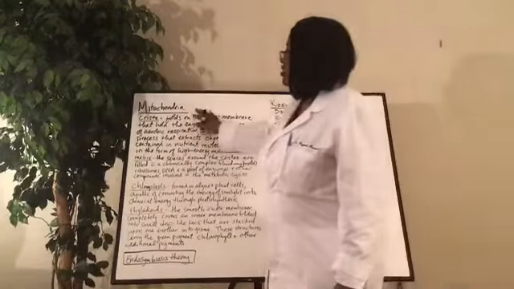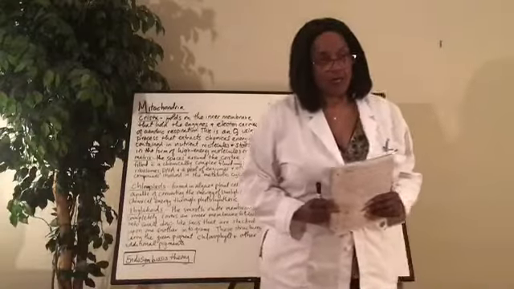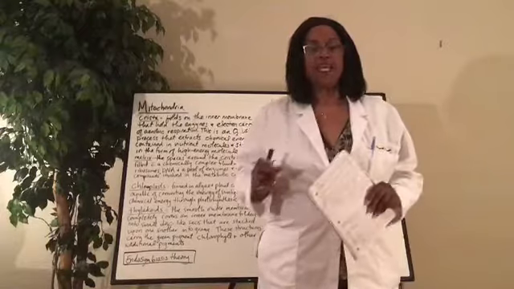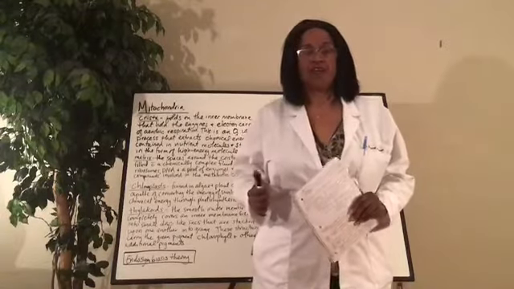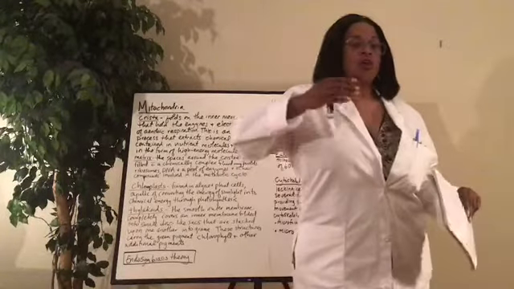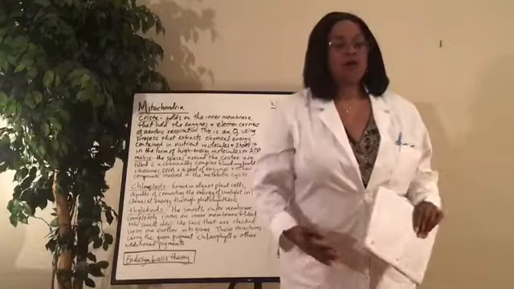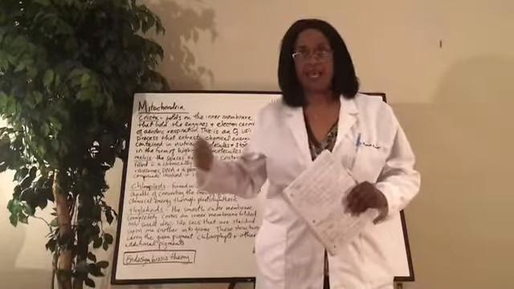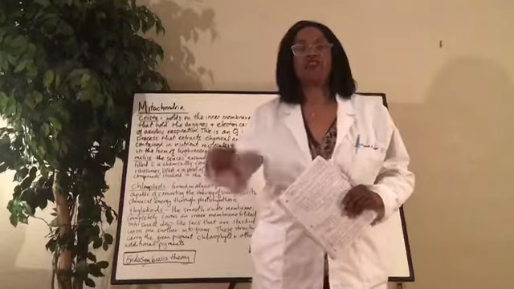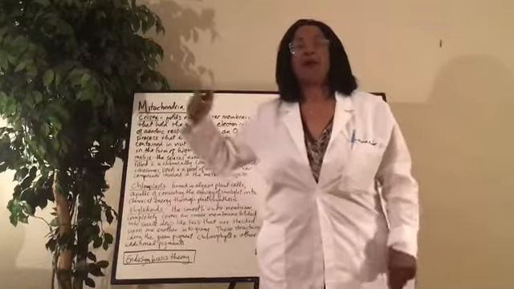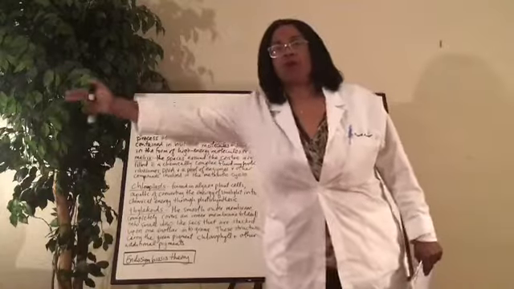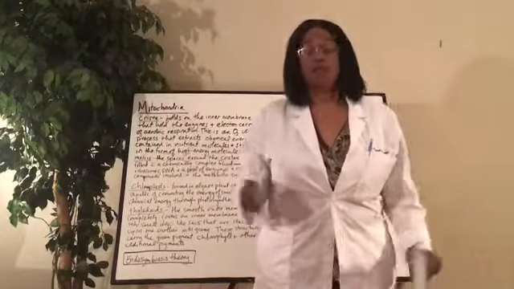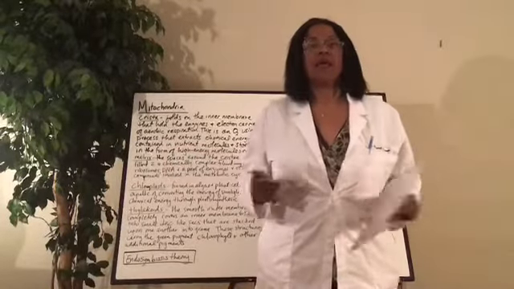Now something else interesting about the mitochondria in humans. Humans only inherit their mom's mitochondria. In other words, if you share the same mother with your brother or sister, then you have the same mitochondria that she got from her mom, that her mom got from her mom, and her mom got from her mom, on and on, all the way back to whatever you believe in, Eve, for example, if you believe in that.